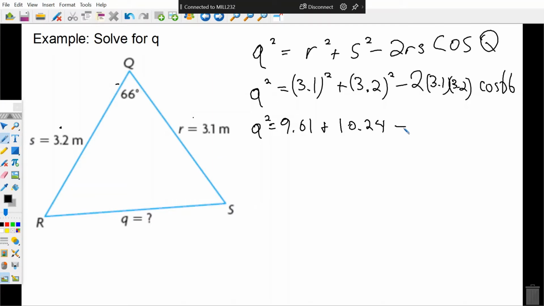So it's 2 times 3.1 times 3.2 times cos 66.